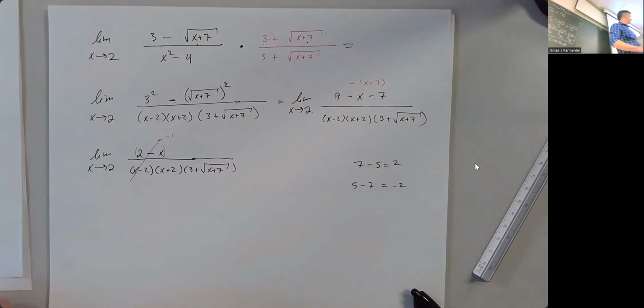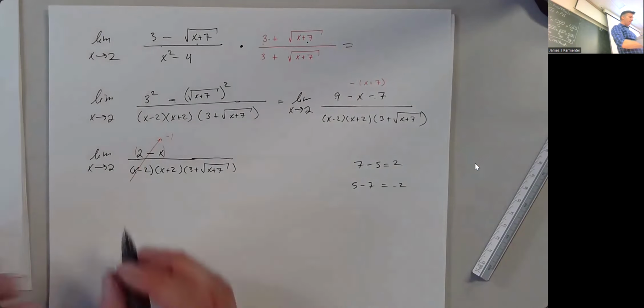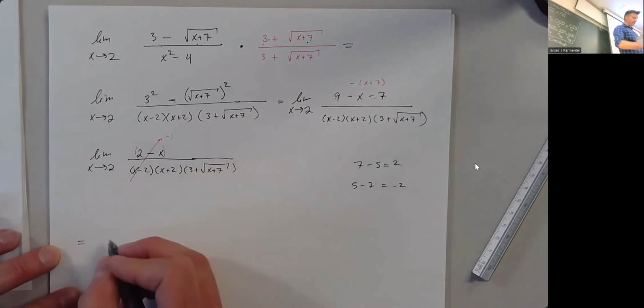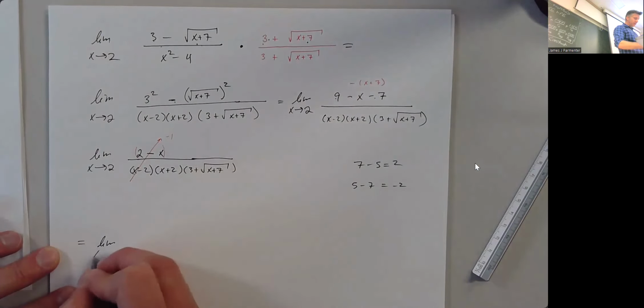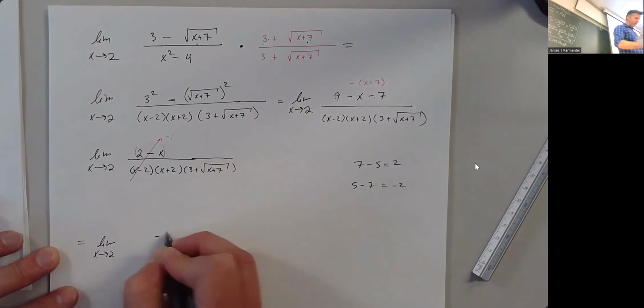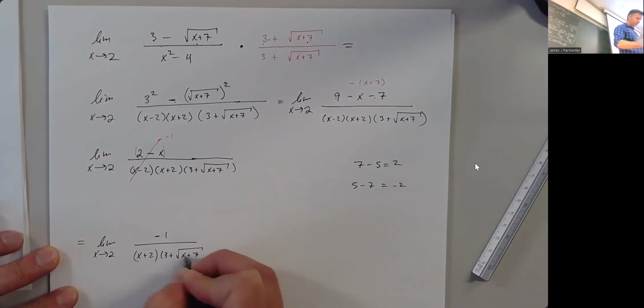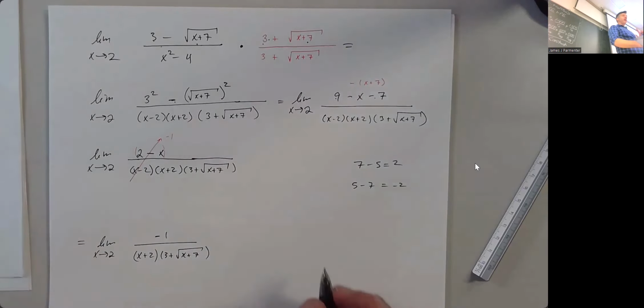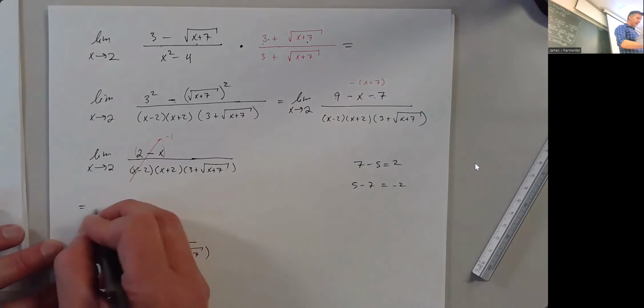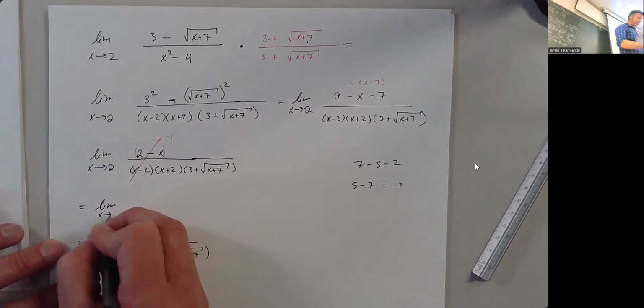I'm going to add an extra step here to show you another way of doing it. But you could just go straight to saying this is equal to the limit as x approaches 2 of negative 1 over x plus 2 times 3 plus the square root of x plus 7. But if you don't like that, an additional step you can take is to factor out a negative 1. I would do it in the numerator here.